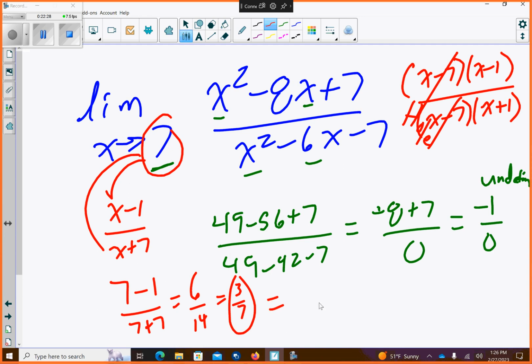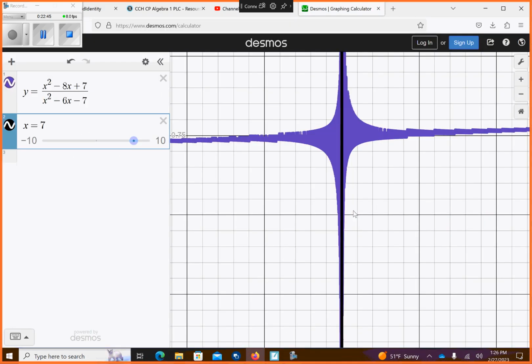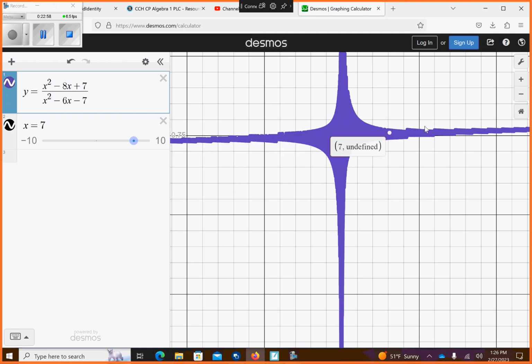Somebody on a calculator, what's 3 divided by 7? Close to half? 0.42. 0.43 roughly? Yeah. We're trying to see how close we can get to 0.43. God, we're so close. It has this whole region as undefined.